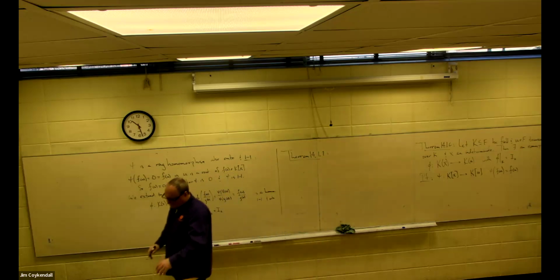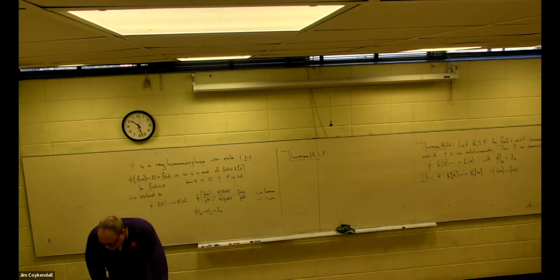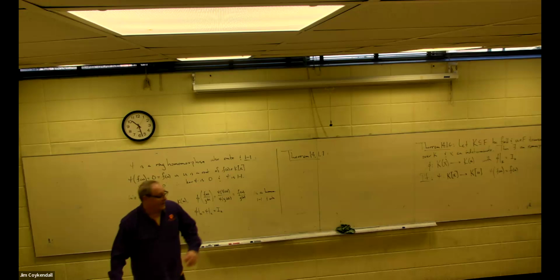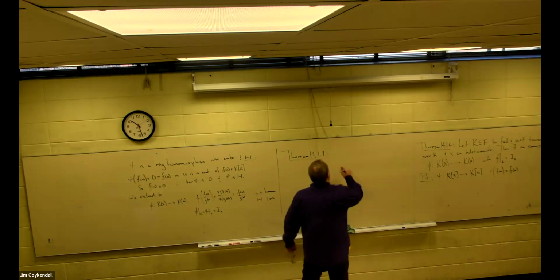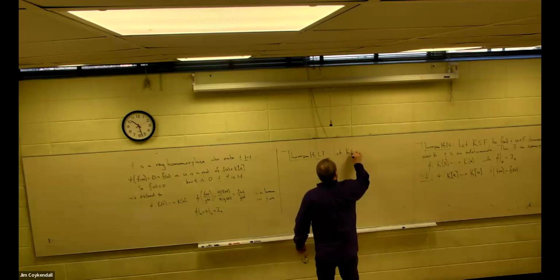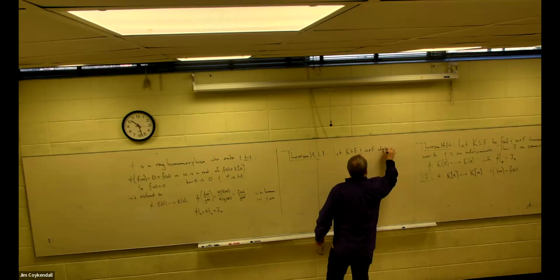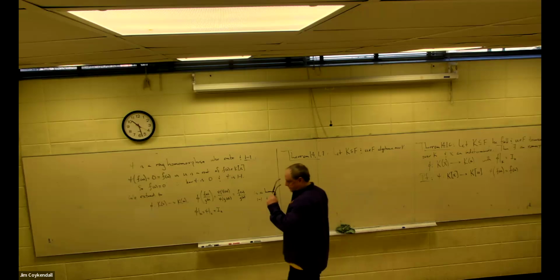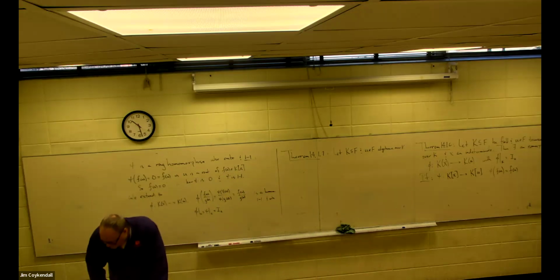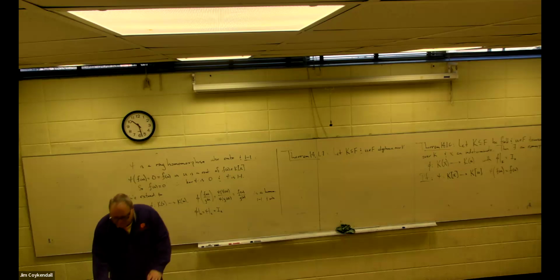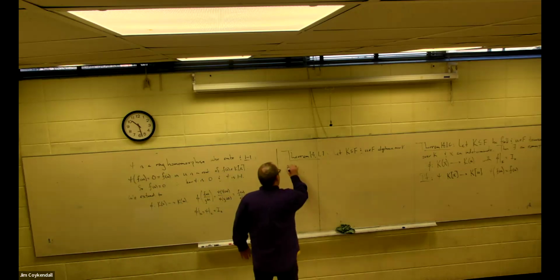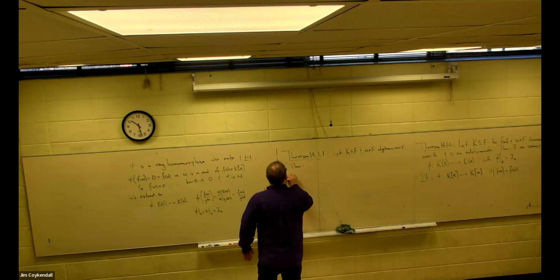Here, I'm going to let K be an extension of F and u algebraic over F. Then number one, F(u).